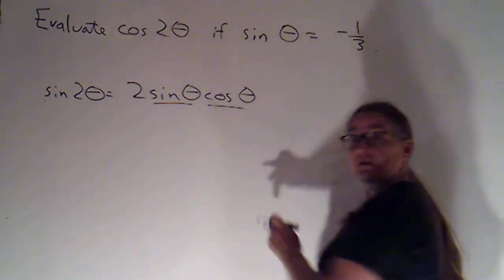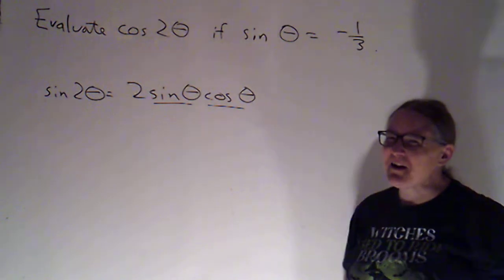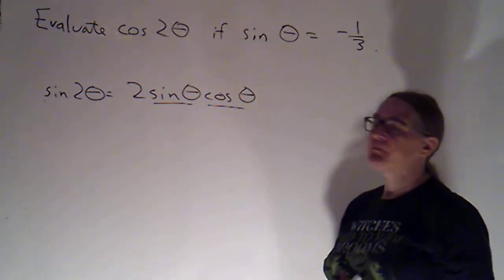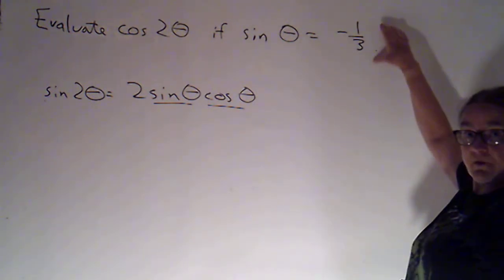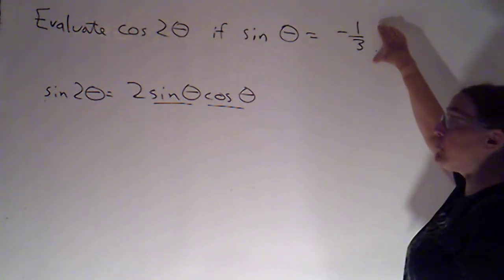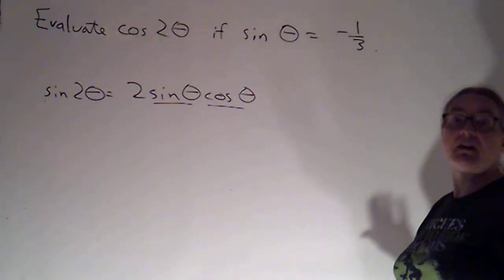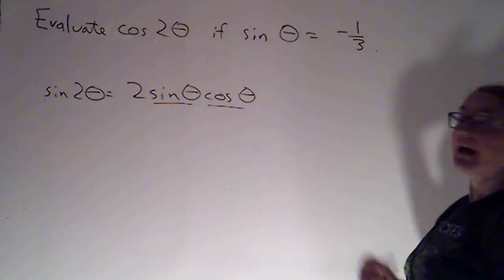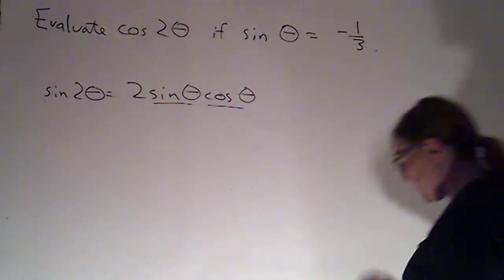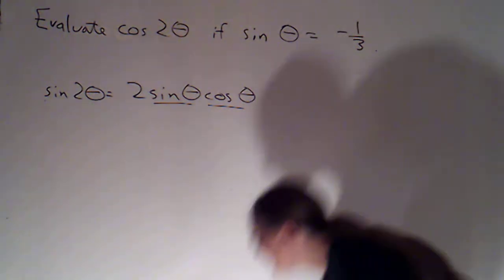And neither one of those is squared. So I'm going to need to know whether they're positive or negative. So with just this information, if sine of theta is negative 1/3, I don't have enough information to evaluate sine of 2 theta. So I'm going to add some information.